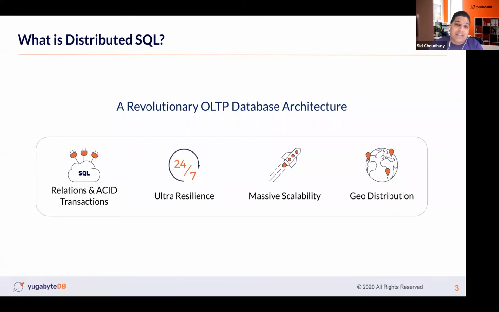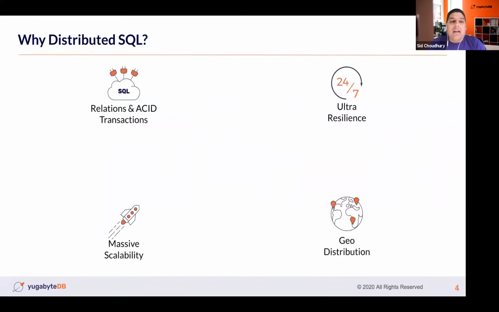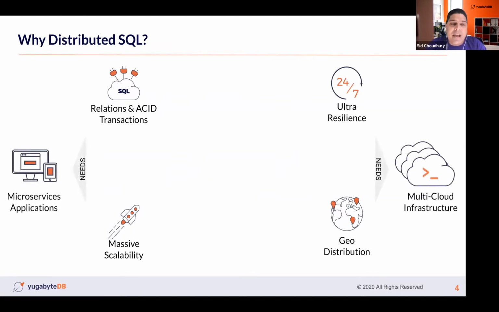Now, when you combine these three attributes with SQL, relations, and ACID transactions, that's when the revolution happens. Now, why do we care? We do care because databases haven't kept up with the needs of the two consumers that databases serve.